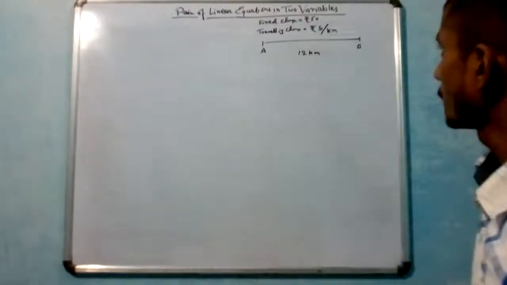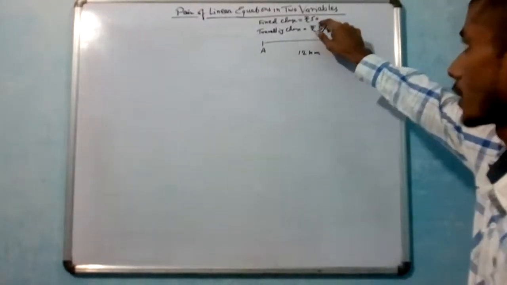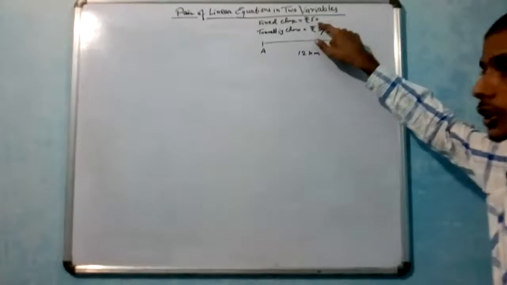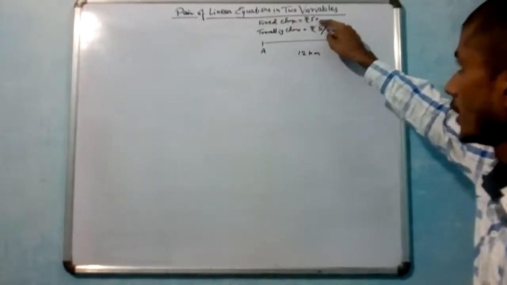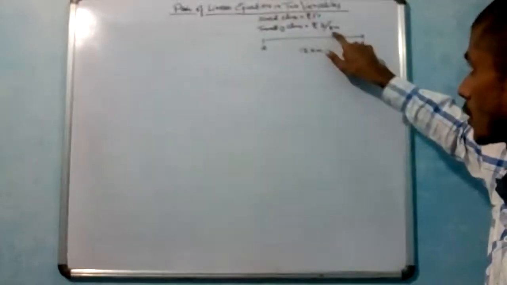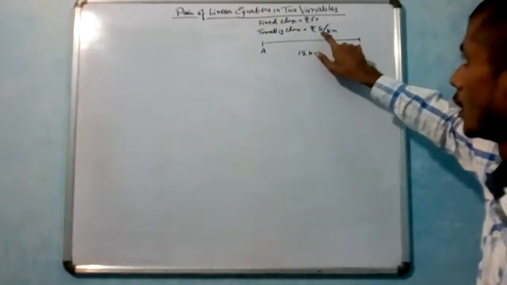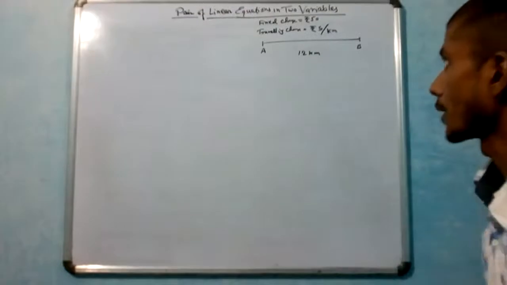Means 50 is fixed. You have to pay this whether you travel 1 kilometer or 2 or 3 kilometers, it does not matter. This 50 rupees you must pay, okay? Next, depending on the number of kilometers you travel, you pay rupees 5 for each kilometer.